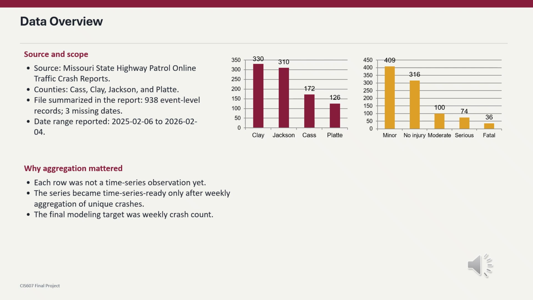To do time series forecasting, we had to choose a unit of analysis for our regular time interval, so we converted everything into weekly counts. For this project, we used the available time window and the provided data set, which was a year, and we can extend to multiple years, which could be a future enhancement for the project.